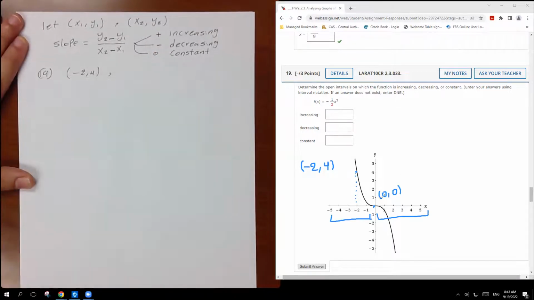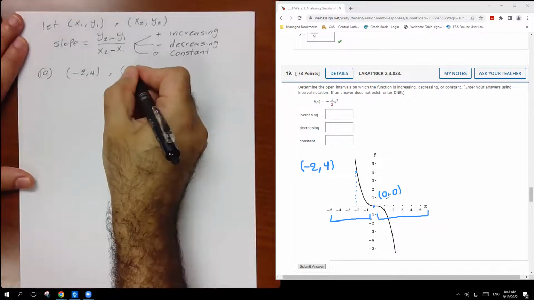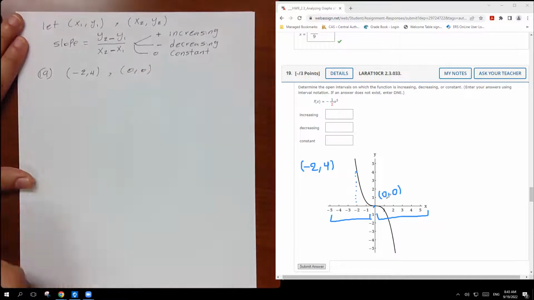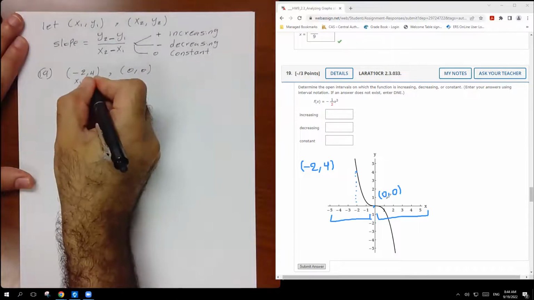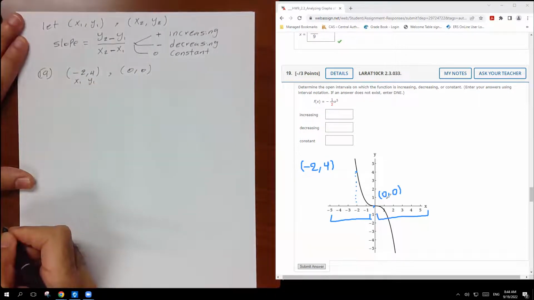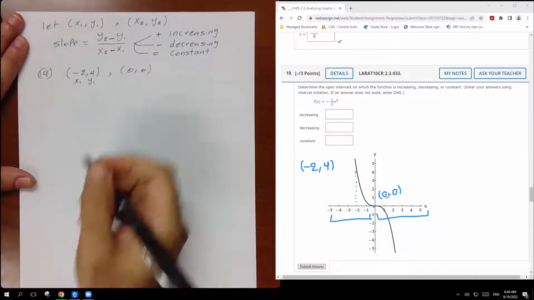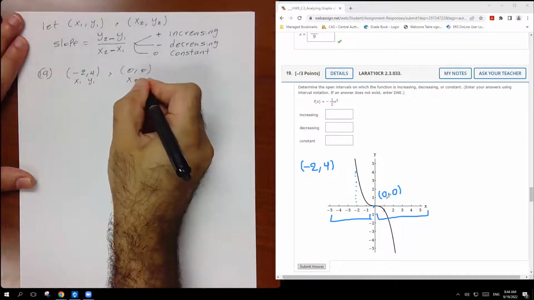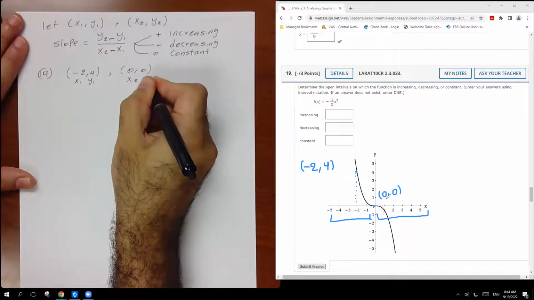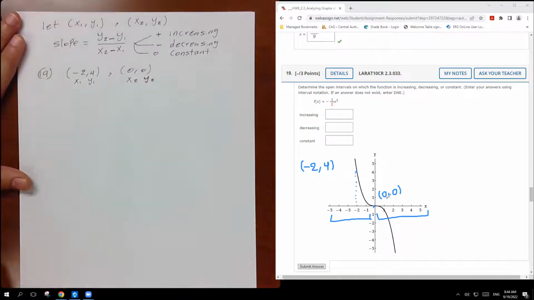I'm going to choose the second point, 0, 0. So I'm going to say this is x1, y1, and the second one is x2, y2. And let's find the slope for this graph.